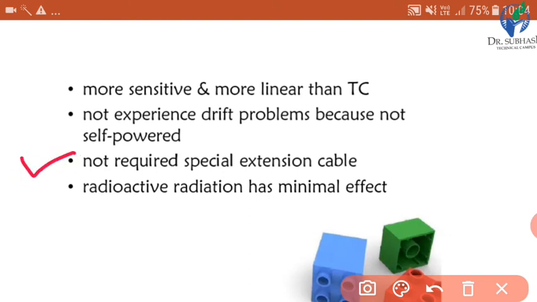No special extension cable is required. In some transducers there is a requirement of special extension cable, but in this case there is none. Then, radioactive radiation has minimal effect. In an industrial environment there may be radioactive radiation, and at that time we can use this RTD because there is minimum effect on the measurement.